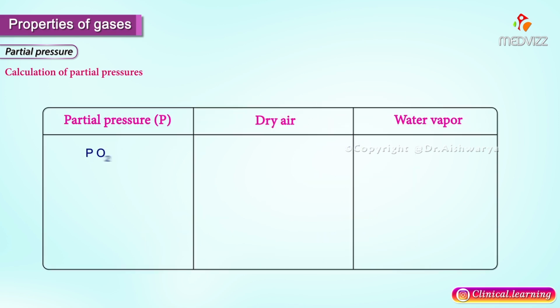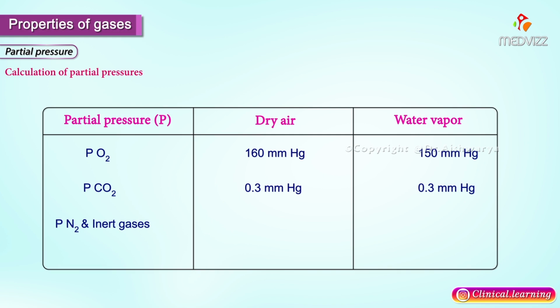So the partial pressure of oxygen in dry air is 160 millimeters of mercury, and with water vapor it is 150 mm of Hg. The partial pressure of carbon dioxide in dry air is 0.3 millimeters of mercury, and it is the same with water vapor. The partial pressure of nitrogen as well as other inert gases in dry air is 600 millimeters of mercury, and there is a drop with water vapor, that is 563 mm of mercury.